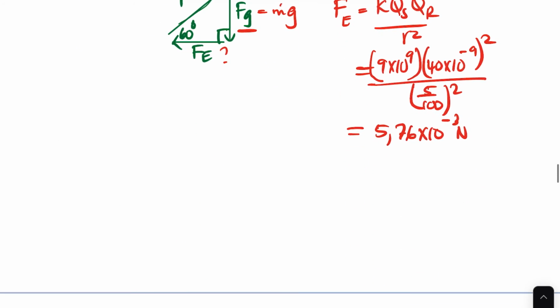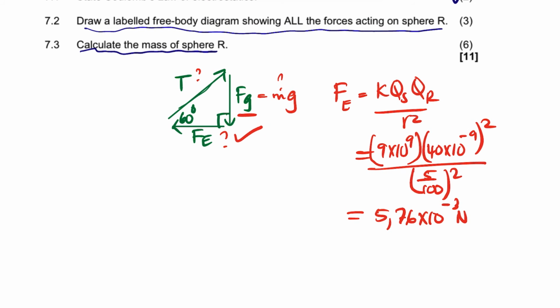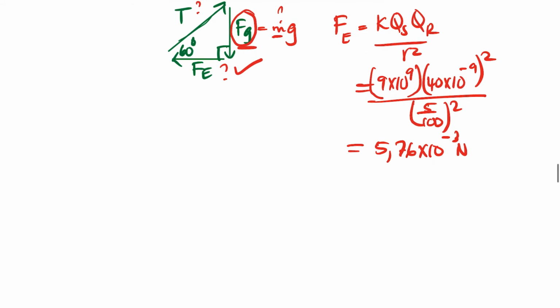Now, getting that electrostatic force, I now have this force, but I have to get the gravitational force in order to get that mass. So I'm going to use the trig ratio, opposite over adjacent. I want the gravitational force, and I have the adjacent, which is the electrostatic force. That's tan theta, which is opposite over adjacent.